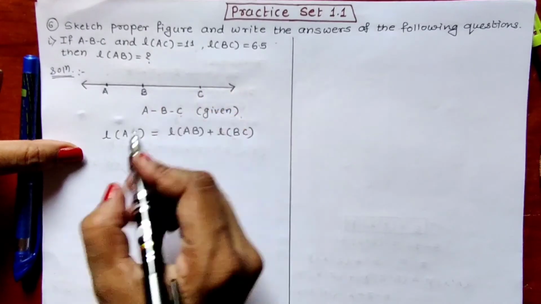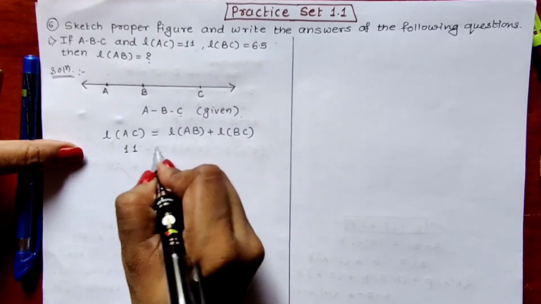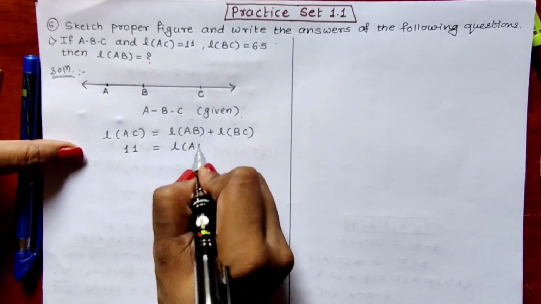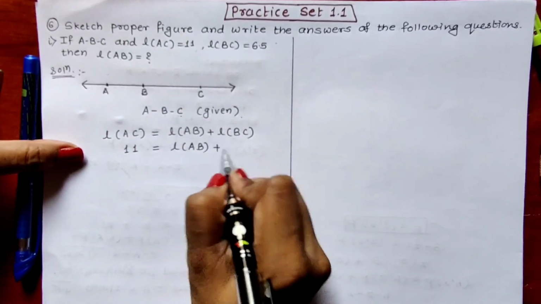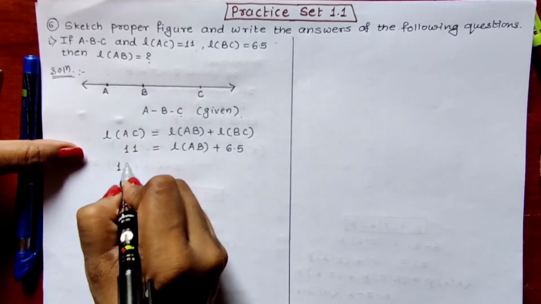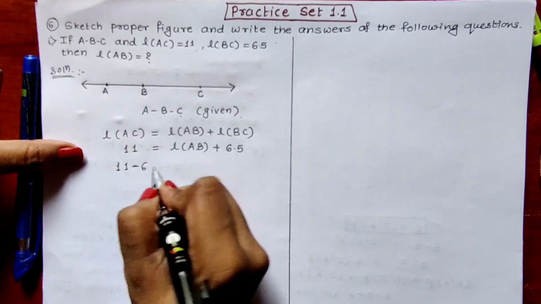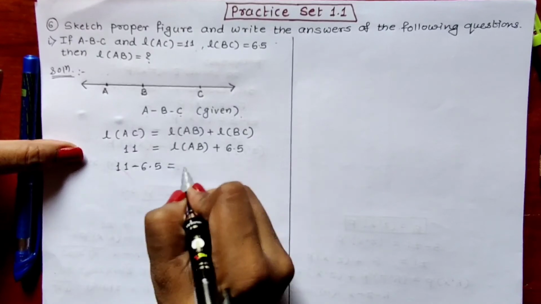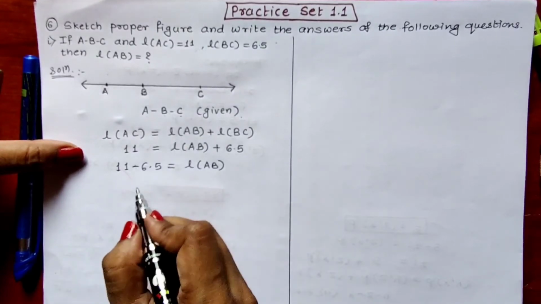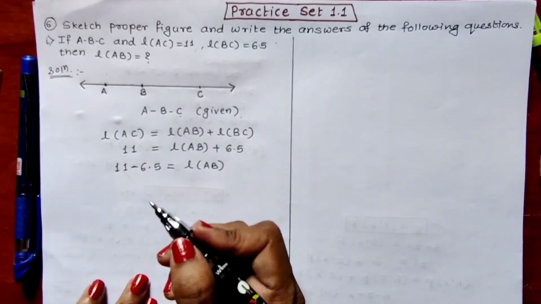Now AC is given as 11, AB we have to find out, and BC is 6.5. This 6.5 I transfer. 11 minus 6.5 is equal to length AB. How much will we get?